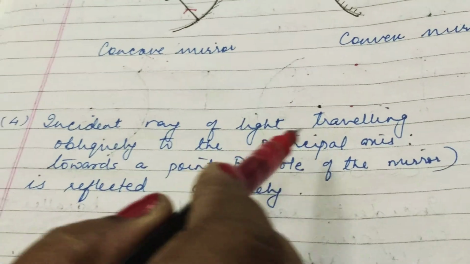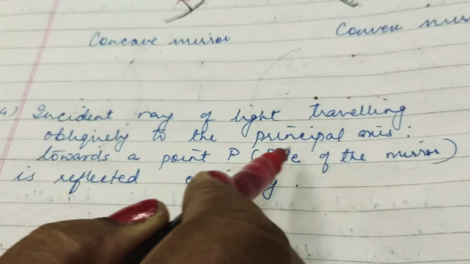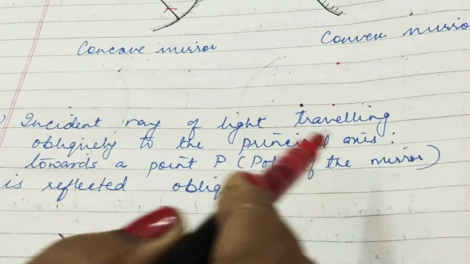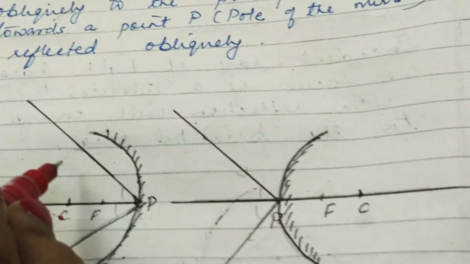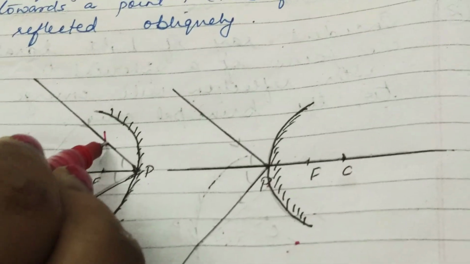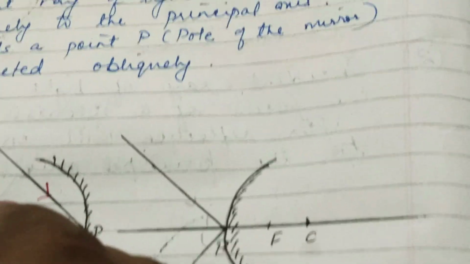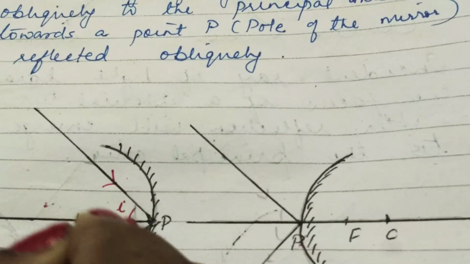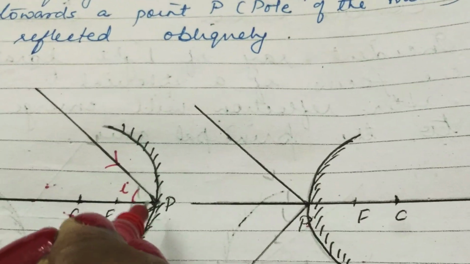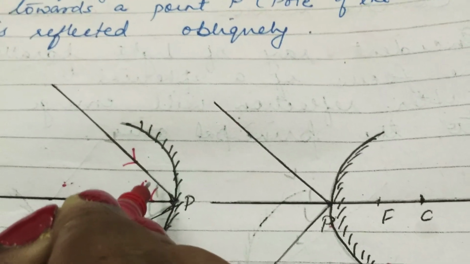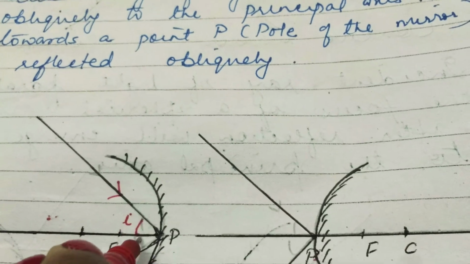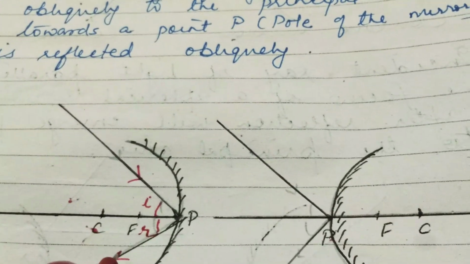Now the fourth rule is that an incident ray of light traveling obliquely to the principal axis. Traveling obliquely means it is striking the pole of the mirror, making some angle. After striking the pole of the mirror, we know that the angle of incidence is always equal to the angle of reflection.